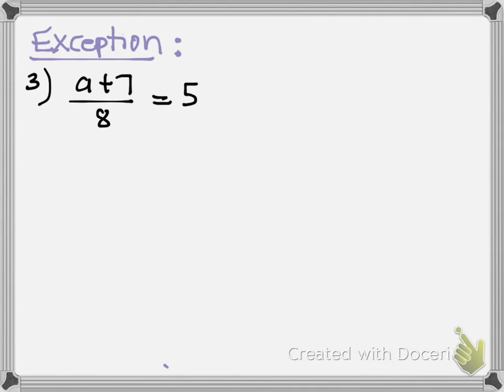Do I have a standalone constant in this problem? No, I don't, because I've got a fraction on the left side. So actually that denominator 8 goes with the a and with the 7. Now I could separate it out and make it 2 pieces, but that's creating fractions for me. So I've got an easier way of solving this problem.